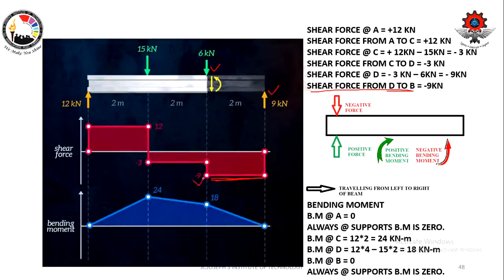So carrying this 9 to here, it is minus 9, right? So minus 9 and plus 9 will get you to 0. So we have achieved the equilibrium condition.